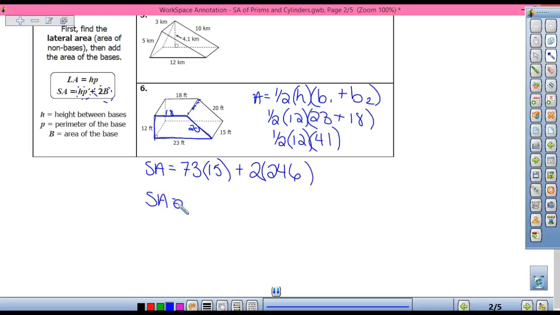So surface area equals, all right, now we've got 73 times 15, 1,095, plus 92, gives me 87.